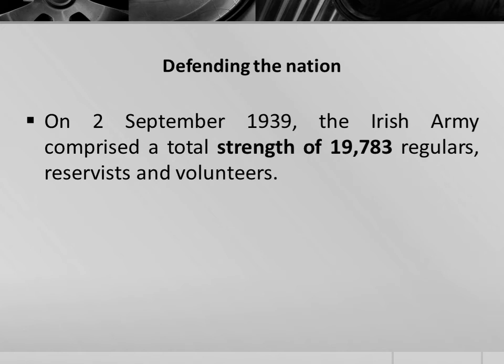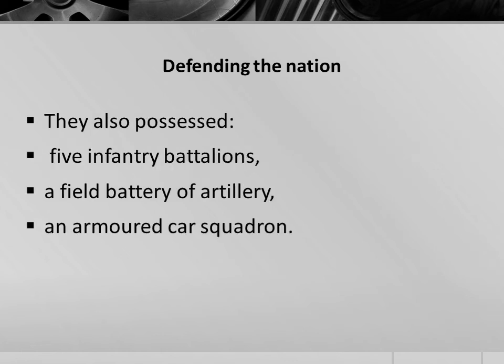As you can see here, the army itself was quite a small force, and this came after the downsizing of the army from the Cumann na nGaedheal period. When they first came in, the Irish army was at 52,000, and by 1939 it was just under 20,000 in total. So we were in no position to defend against any real attack. The army was about 5 infantry battalions, a field battery of artillery, and an armoured car squadron, which was minuscule.